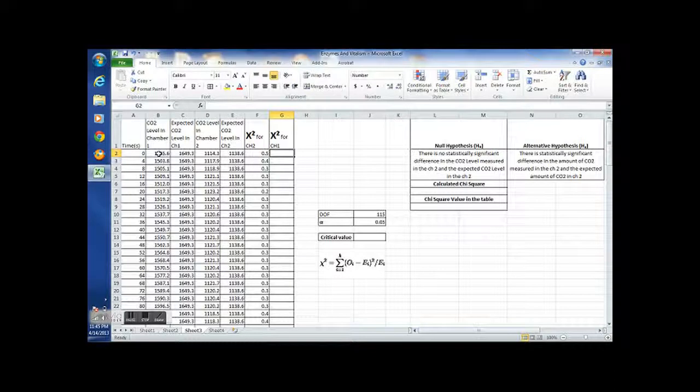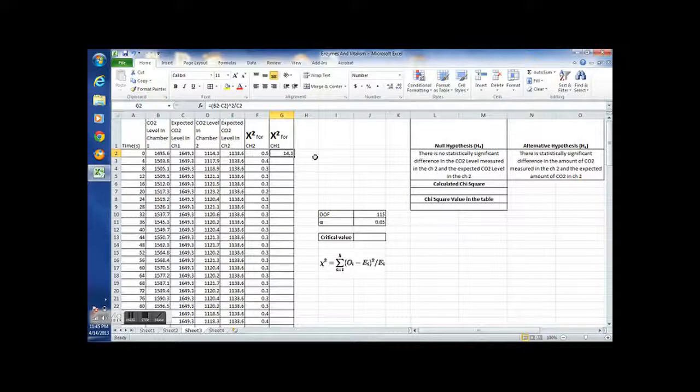It's equal parenthesis, observed value minus expected value, parenthesis squared, divided by expected value. Enter. And I will drag this down.